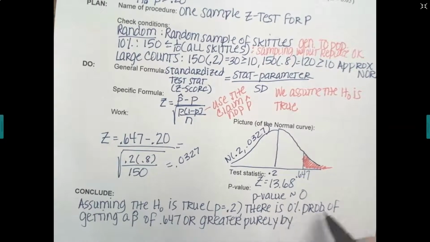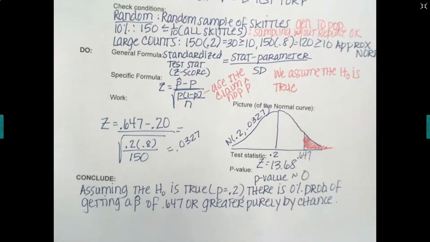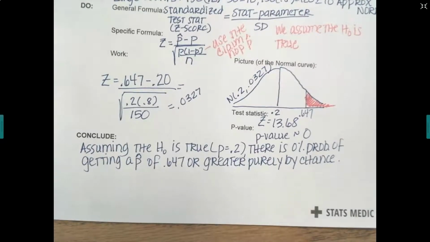So what we're saying is we really think something else is going on. Okay, so let's follow this up and say, what does that mean in relation to our null and alternative hypothesis? So if the null is true, there's almost no chance of getting the result that we got.